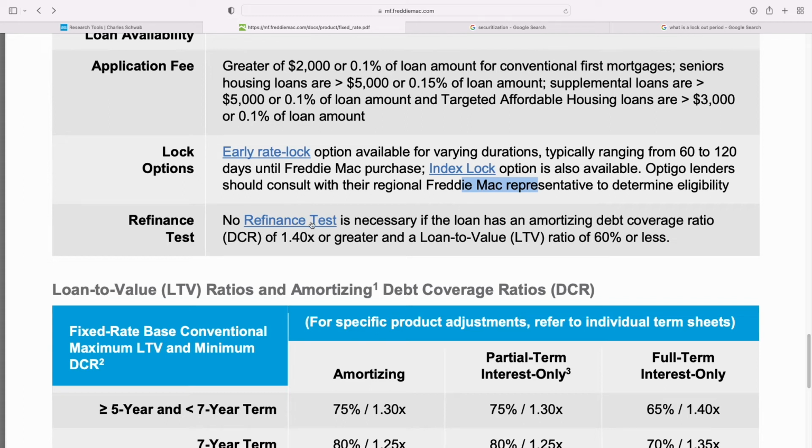So no refinance test is necessary if the loan has an amortizing debt coverage ratio of 1.40 or greater and a loan to value of less than 60%. So basically what this means is when you're doing a loan, the underwriter puts a loan through what they call a refinance test, meaning that for the period of a loan, they're going to look at if you refinance within this many years, how much are they going to make on it, and will the property itself be able to pay off the loan that's currently on it.